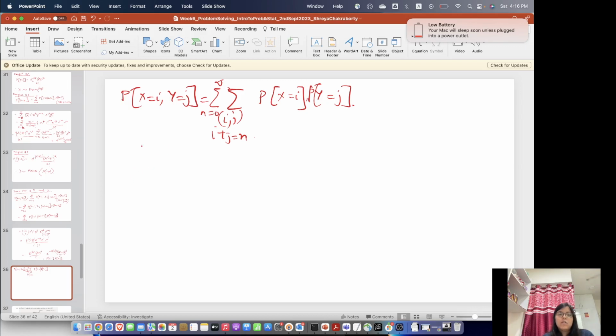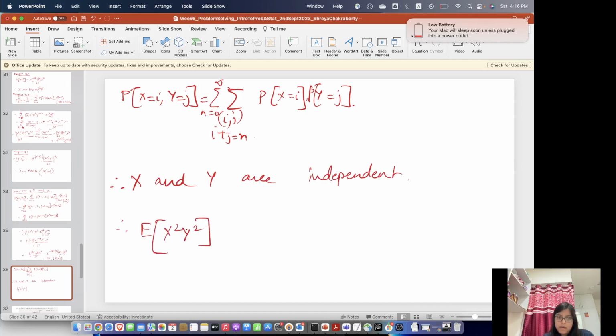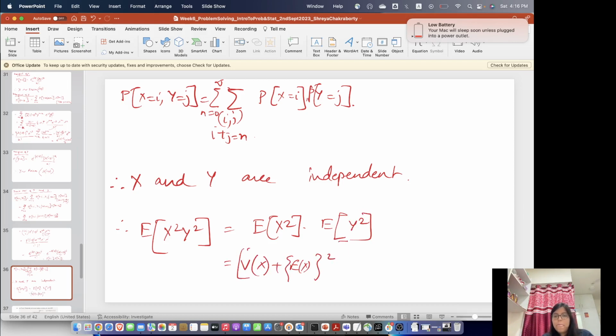Okay, so since this thing can be written as a product, therefore x and y are independent. Therefore expectation of x square y square will be expectation of x square into expectation of y square, which will be variance of x plus expectation of x whole square, times variance of y plus expectation of y whole square.